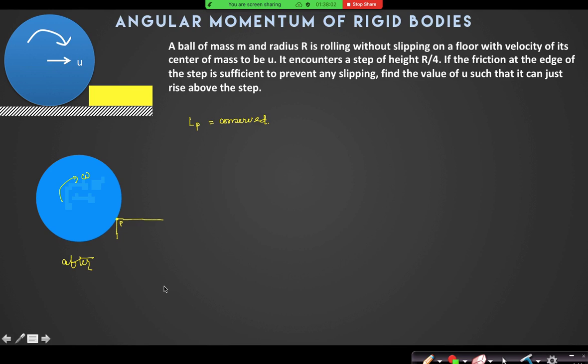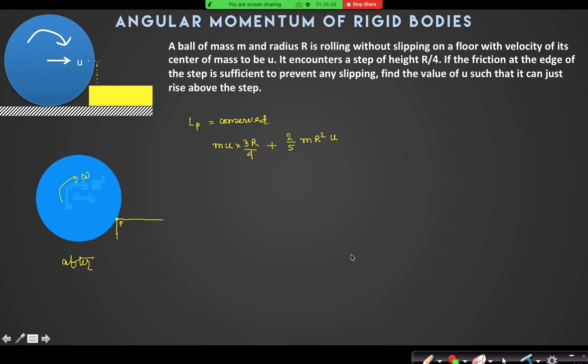What is the initial angular momentum about point P? It is mu into 3r by 4, going into the plane, plus I_C omega, that is 2 by 5 mr square into u by r.